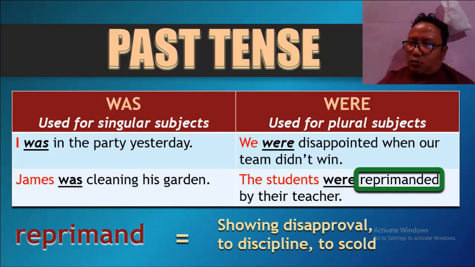Supposing someone doesn't behave properly, we sometimes call him or her. That is called a reprimand. Reprimanding means showing disapproval, or to discipline or to scold. If I say, don't do that again, that means I'm reprimanding someone.